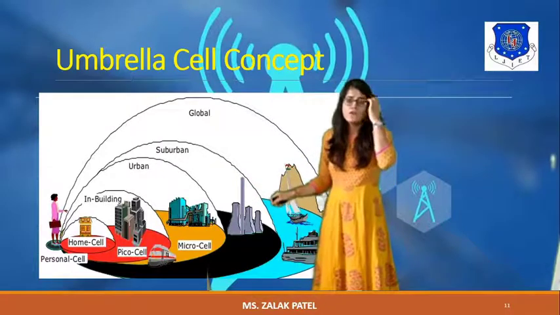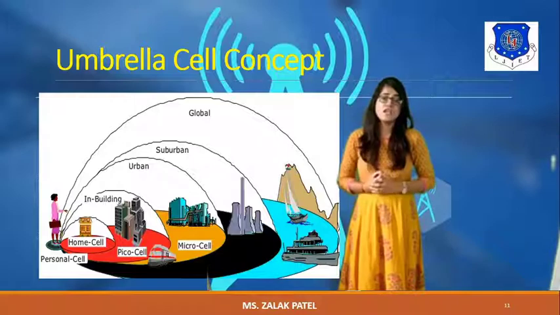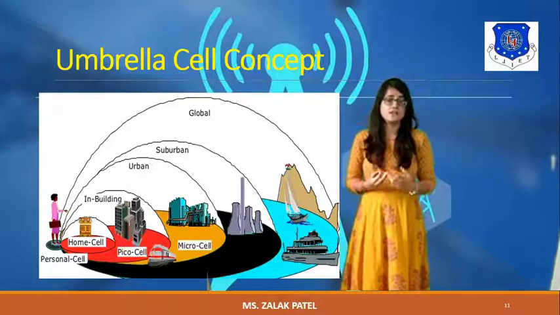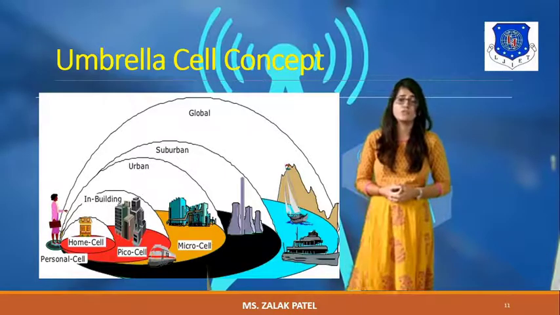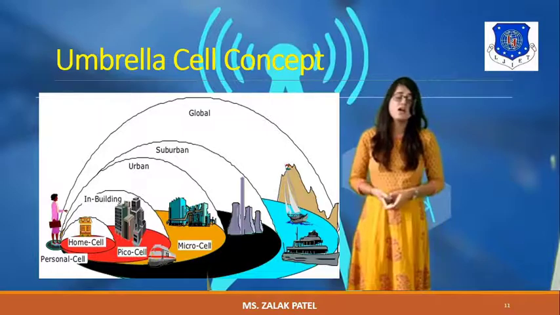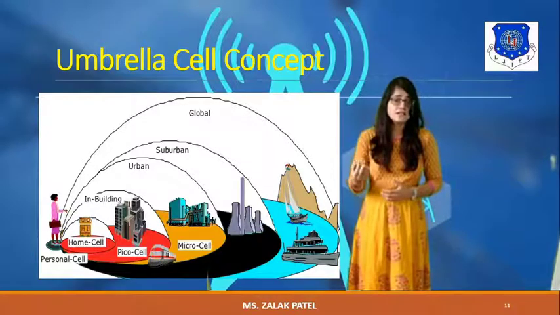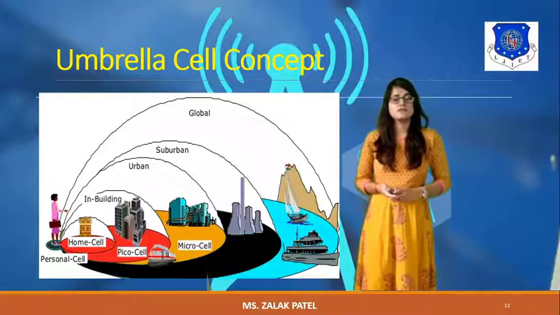As the number of users required is less, you can choose wisely whether it is a suburban area or urban area. For high velocity traffic you can choose the bigger cell, and for small traffic requirements you choose the small size of cells.